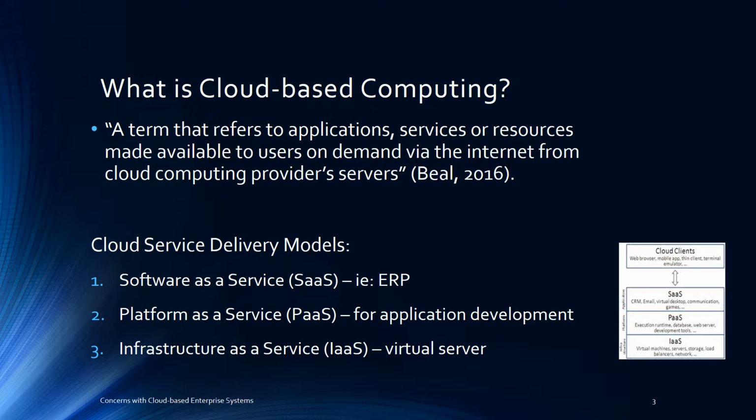Number two is platform as a service, which is intended for application development, where they have web servers and development tools available. Number three is infrastructure as a service, which is really a virtual server or virtual machine that you can use for storage and things of that nature.